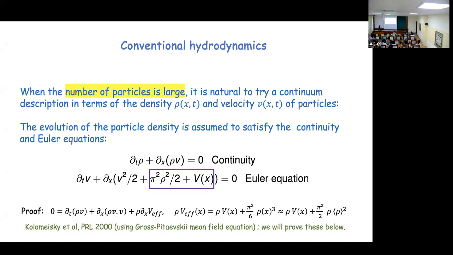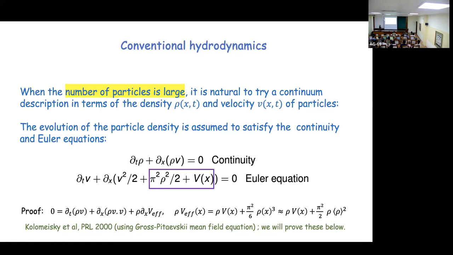There are papers which have derived this equation in a sort of Gross-Pitaevskii mean field approximation, in which this term is the usual external potential energy, and this is the energy of the Fermi sea, and you replace this rho cube by a mean field rho squared times rho. With that you get this equation.